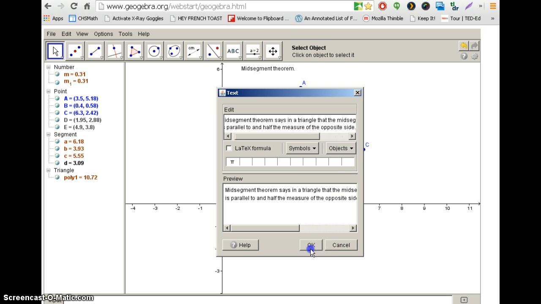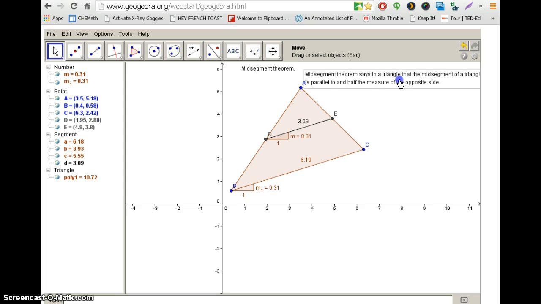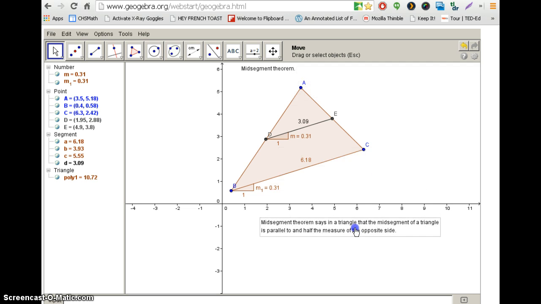Okay? So that's what it's basically telling me. The mid-segment of a triangle is parallel to and half the measure of another side.